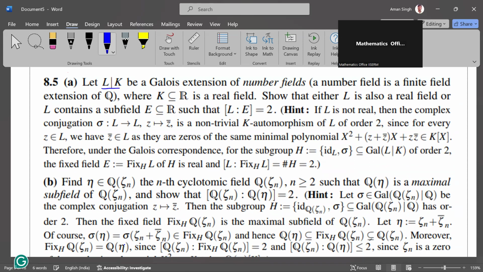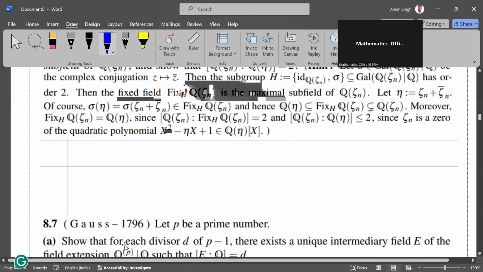L over K is a Galois extension of number fields. A number field is a finite extension of Q. K is a subset of the real numbers. So that either L is also a real field or L contains a subfield E of the real numbers, such that the degree of the extension L over E is 2.